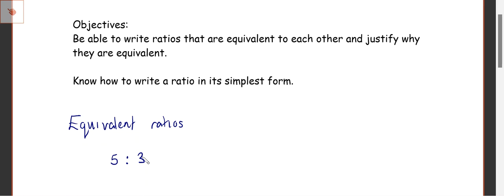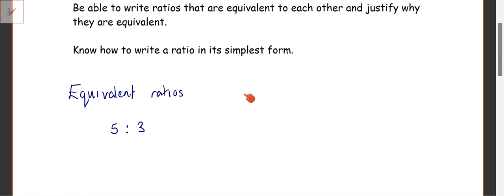Okay? To find an equivalent ratio, I'm going to do 5 times 3 to 3 times 3, which would give me 15 to 9. So we've basically multiplied by 3.